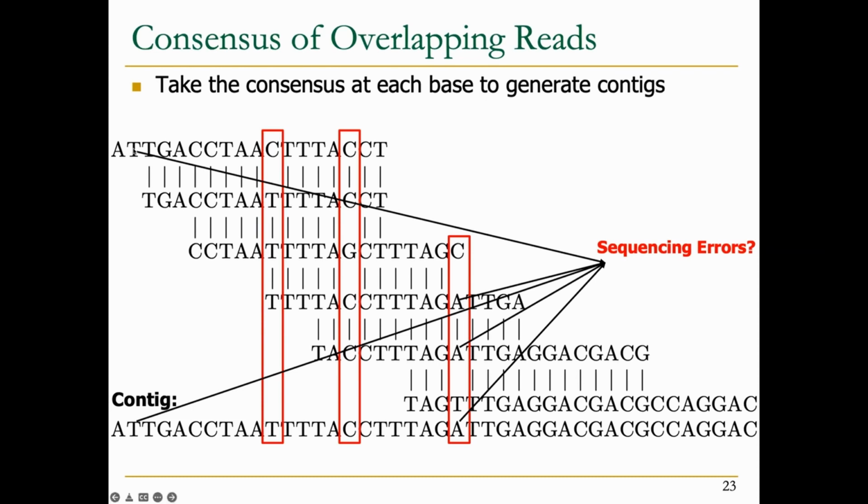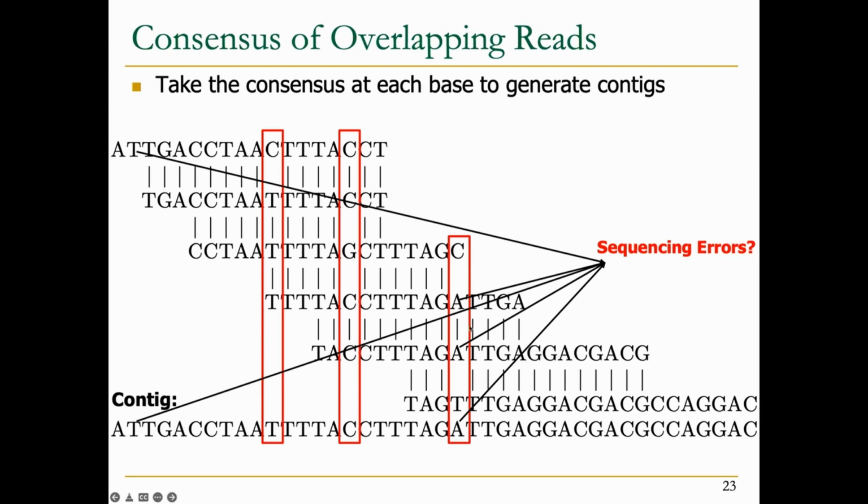For example, in this case, we didn't take any consensus, like there was only a single example that we can take a look at. So we just said there should be T here because we only see one piece of evidence over there. But this may very well be a sequencing error, right? Maybe there's an A over there, and then the contig, the piece of the assembly, should have been AA instead of AT.